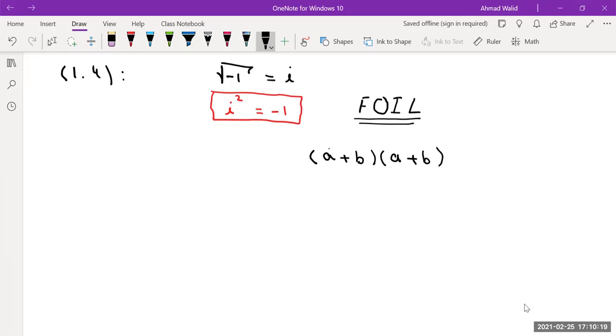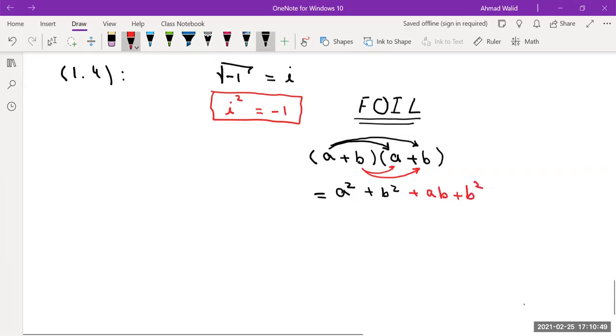FOIL says multiply the first term to both. It means A times A gives you A squared, and A times B gives you AB. Then multiply the second term to both, which gives you AB plus B squared.